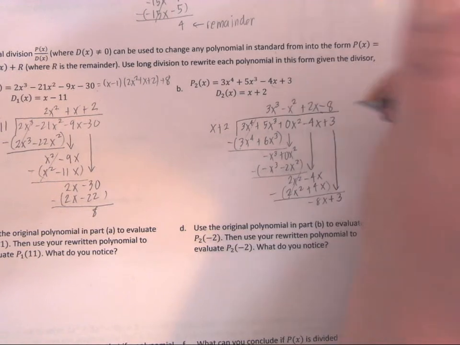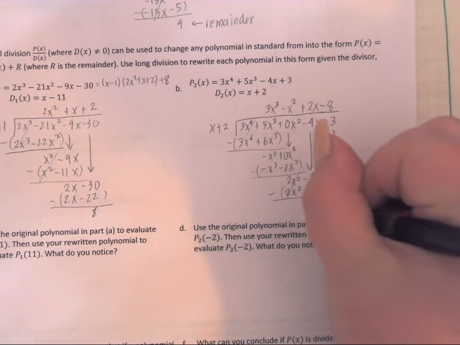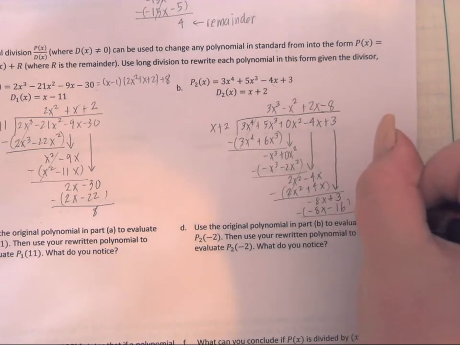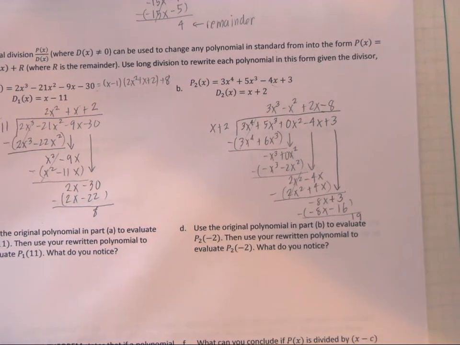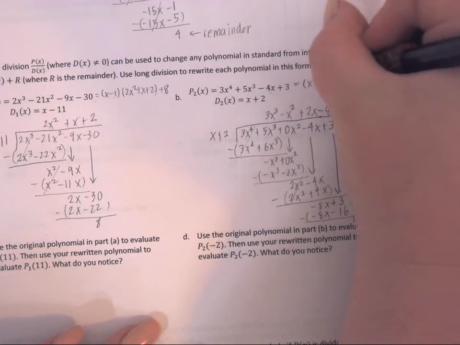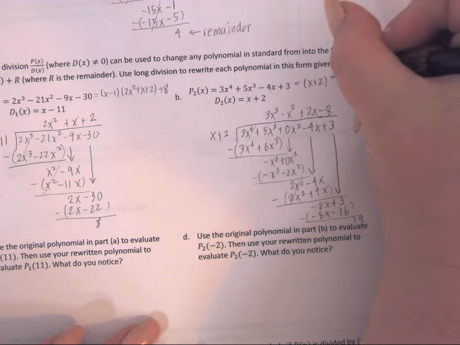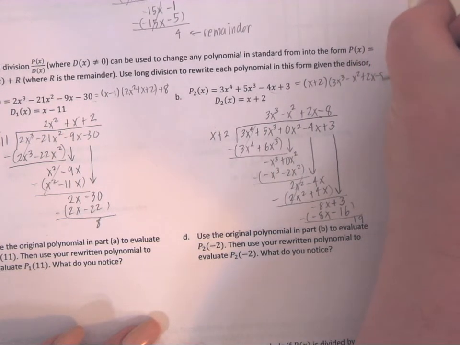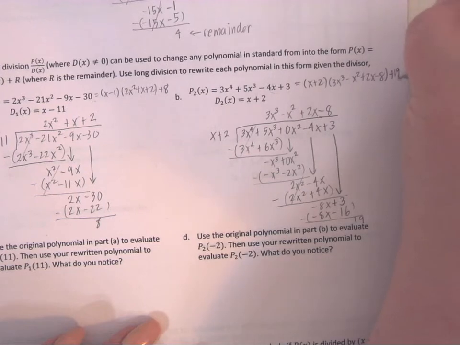Negative 8. Then that gives you negative 8x minus 16. Subtract it to get our remainder, and we get a remainder of 19. So our answer is this equals x plus 2 times what we got here at the top, 3x cubed minus x squared plus 2x minus 8, plus 19.